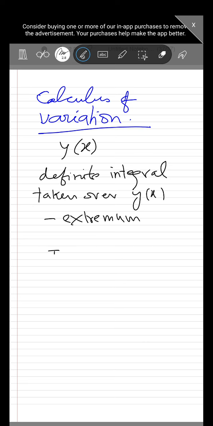So let I represent that definite integral from x1 to x2 of f(y, y dash) into dx.